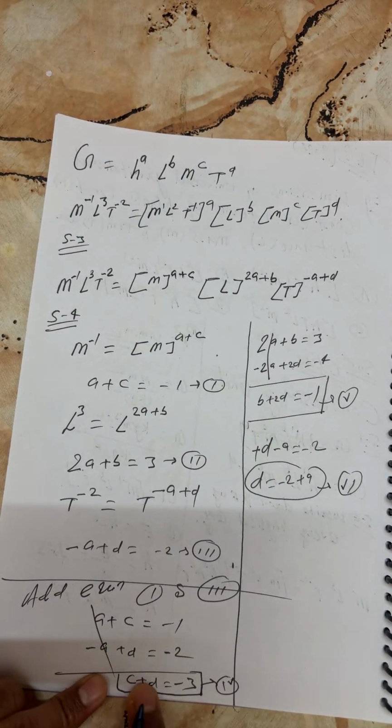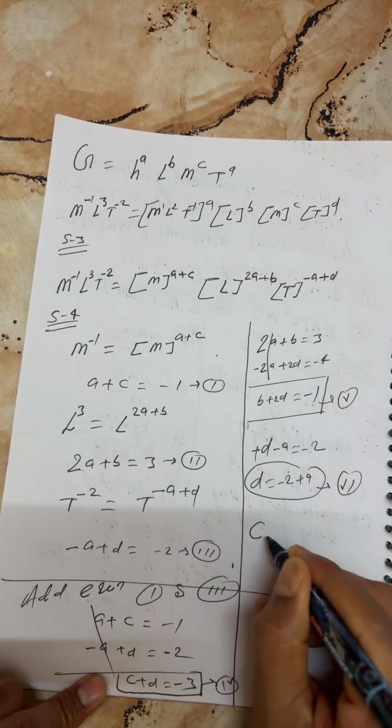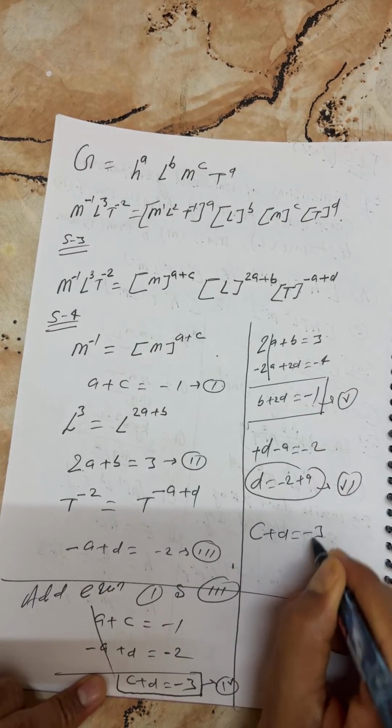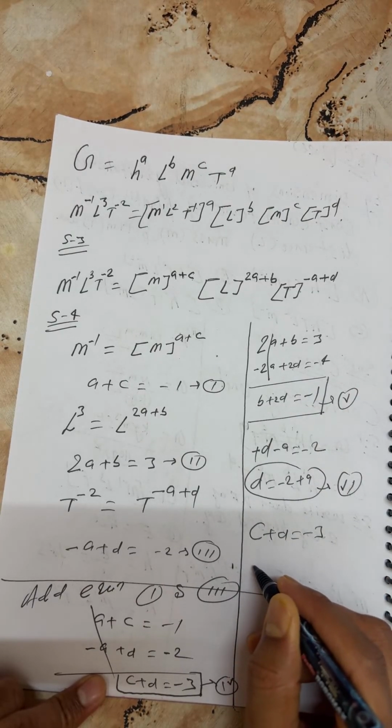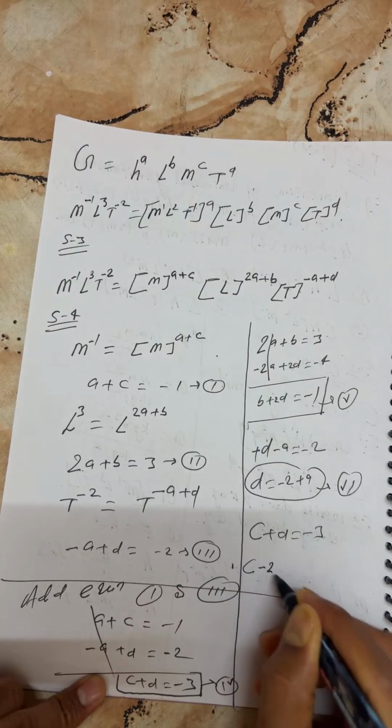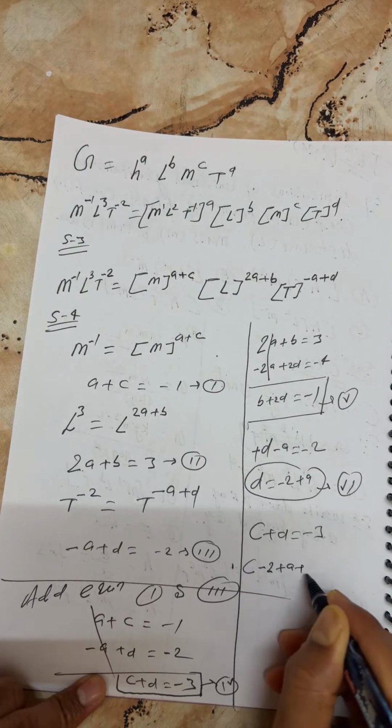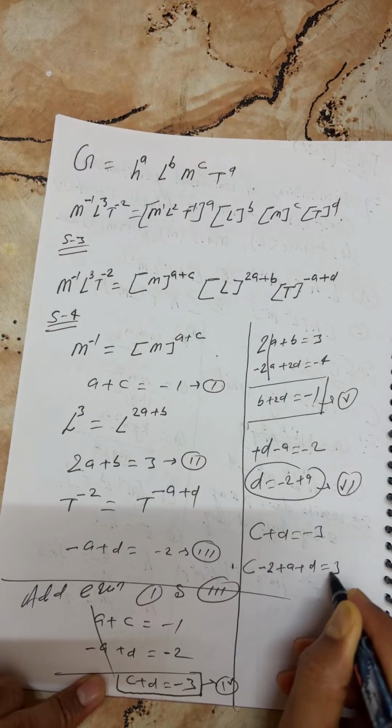I'll feed it into equation number 4. This is c plus d is equal to minus 3, so c plus minus 2 plus a is equal to minus 3. We have the ad relation.